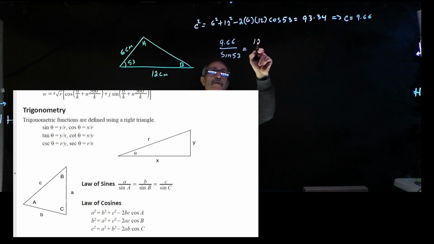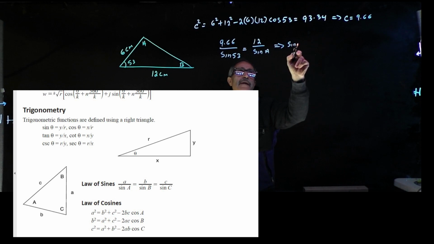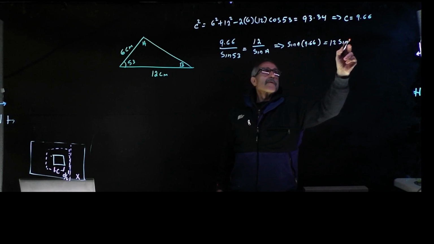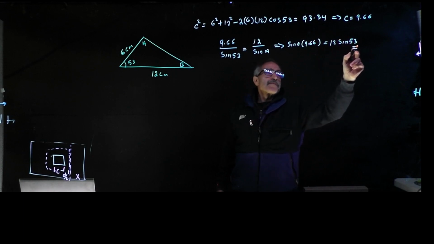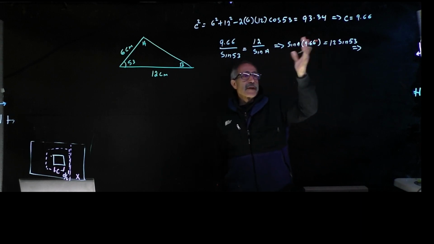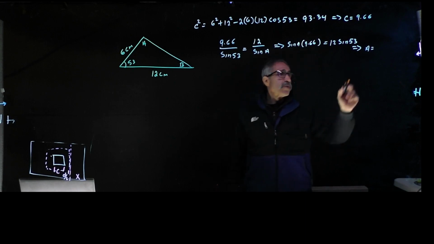So 12 divided by sine of A. If you do cross multiplication, sine A times 9.66 equals 12 times sine 53. Divide both sides by 9.66 and take the inverse sine, and your A comes out to be 82.8.